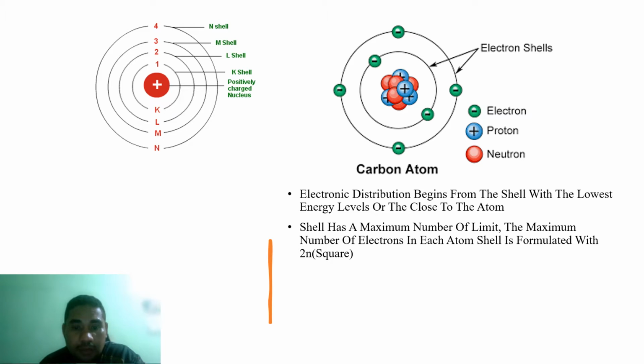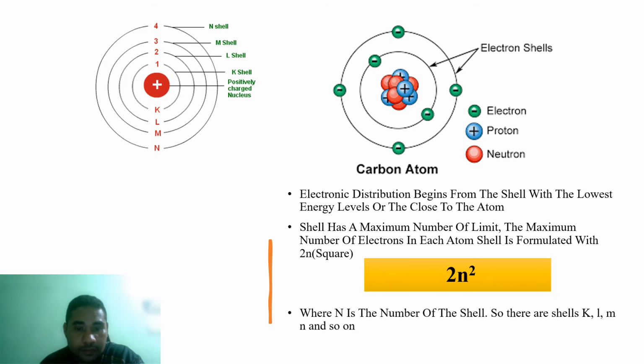A shell has a maximum number limit. The maximum number of electrons in each atomic shell is formulated as 2n squared, where n is the number of the shell, so there are shells K, L, M, N, and so on. The K shell is the first shell, which means that n is 1.